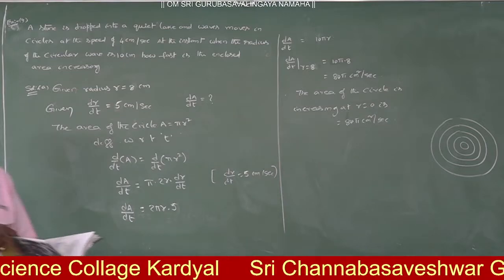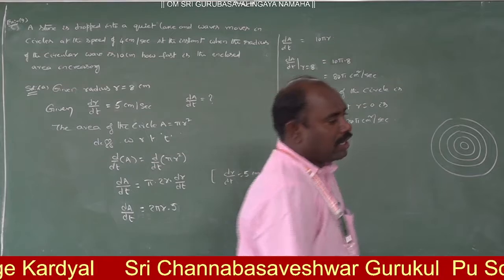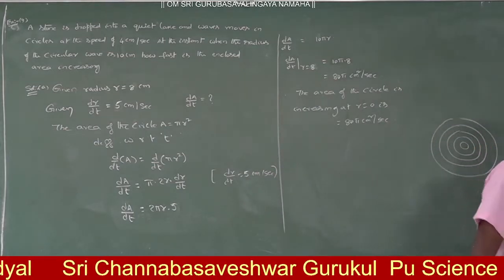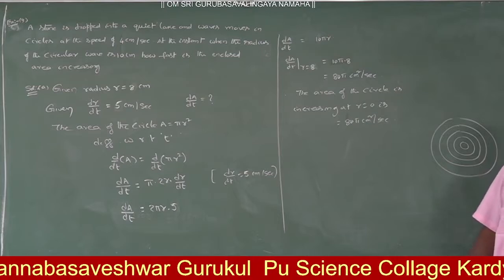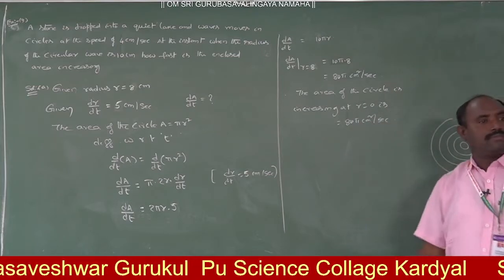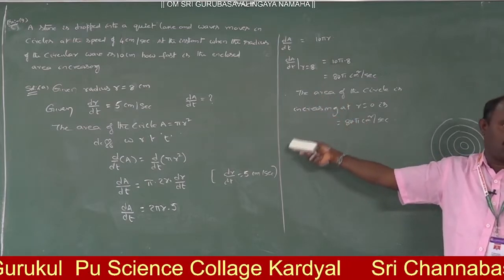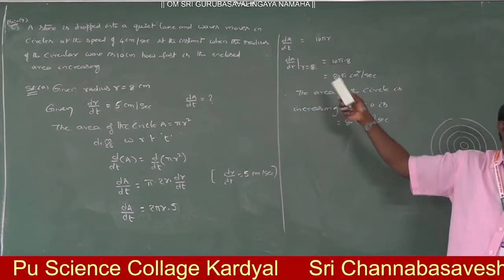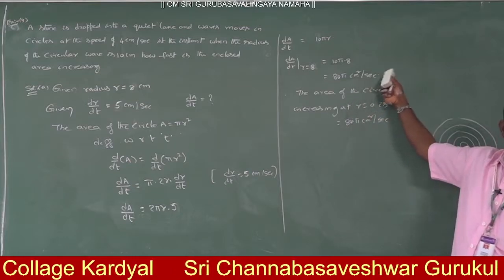Same process. Here is given dr by dt equal to 4 centimeters per second and r equal to 10 centimeters. The process is also same. Here 5 is replaced by 4 and 8 is replaced by 10.